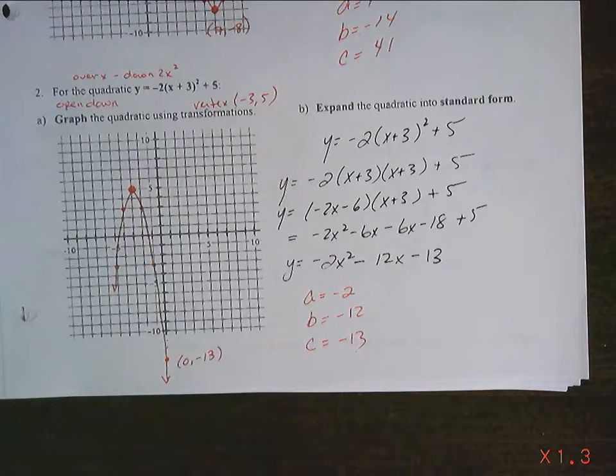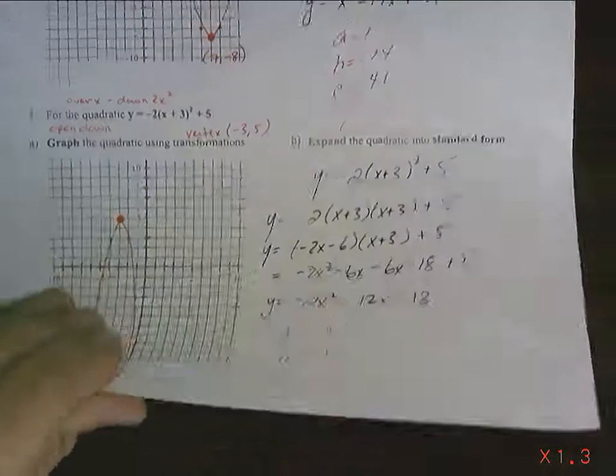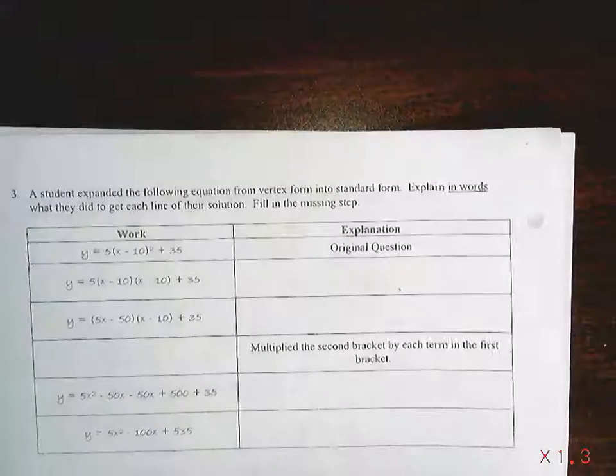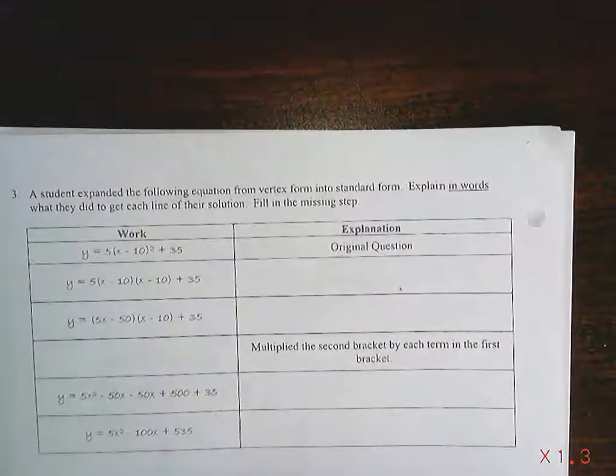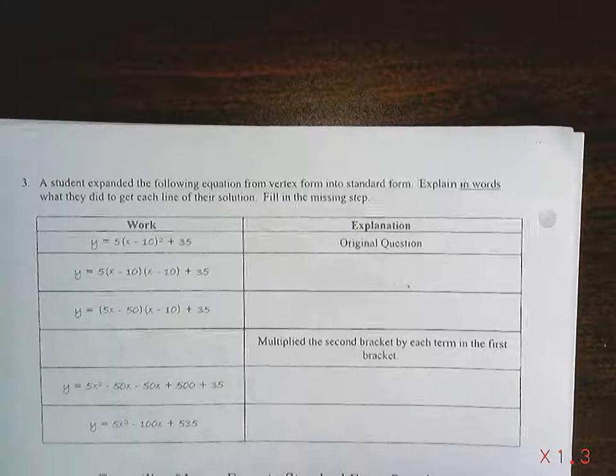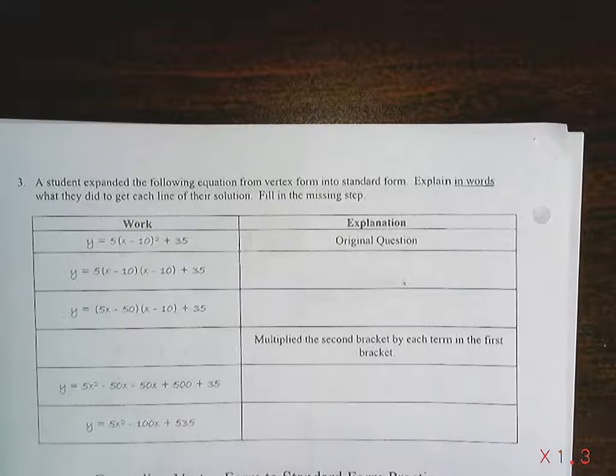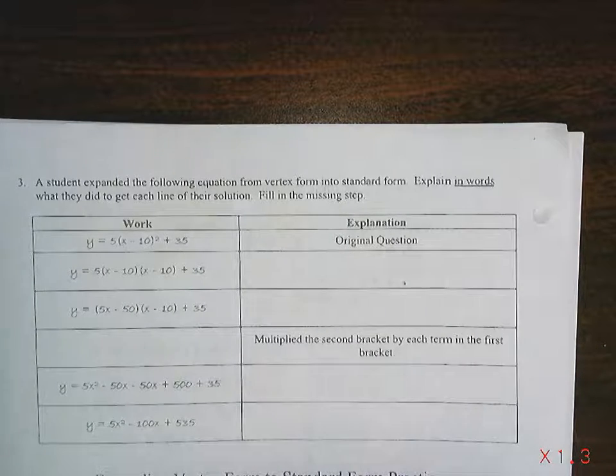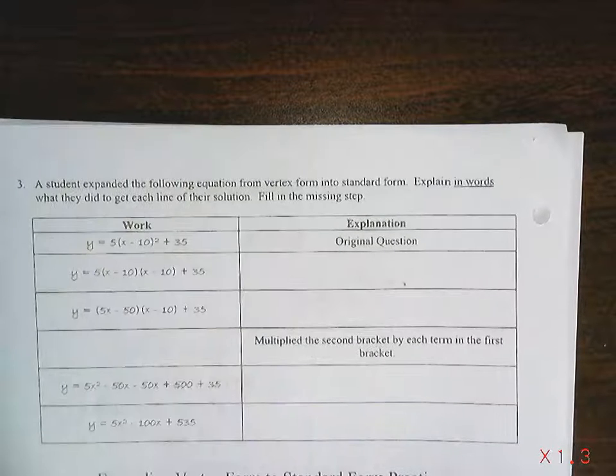Okay, so we're going to flip this page over. Number 3. A student expanded the following equation from vertex form into standard form. Explain in words what they did in each line of their solution. Fill in the missing steps. So, that's the original equation.